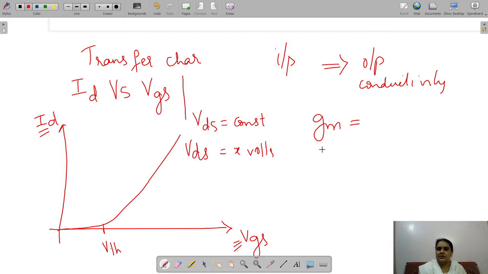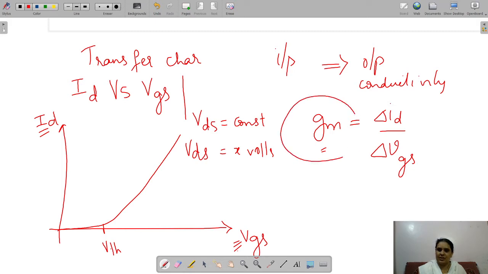The transconductance GM is given as the ratio of the change in the output current to the change in the input voltage. So GM is delta ID divided by delta VGS.